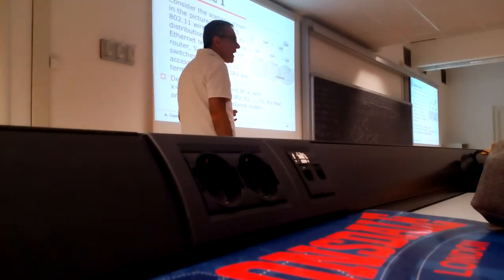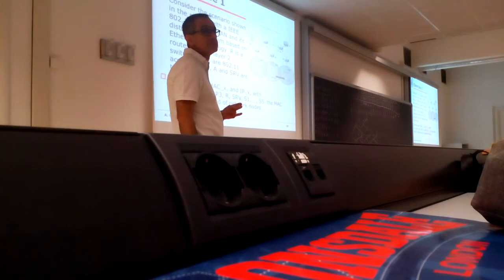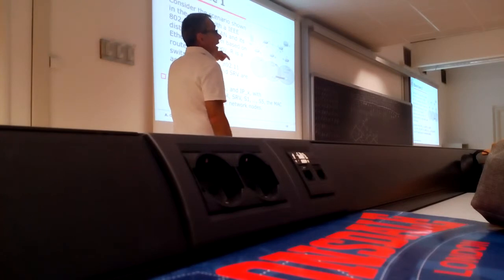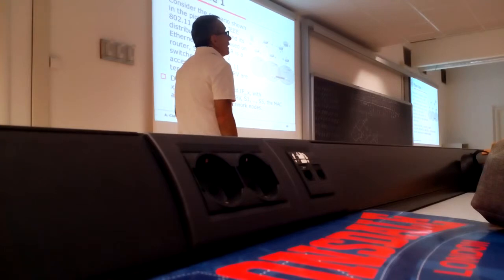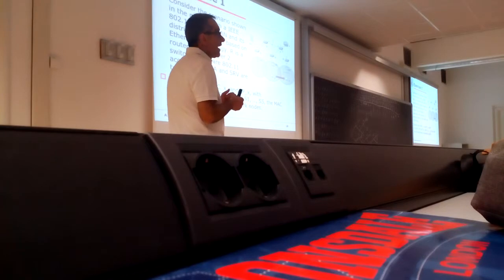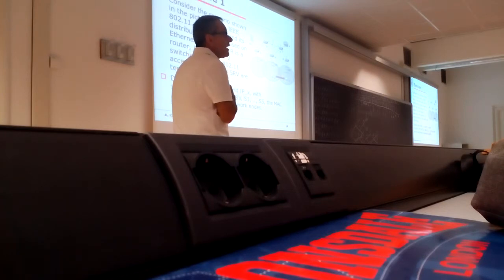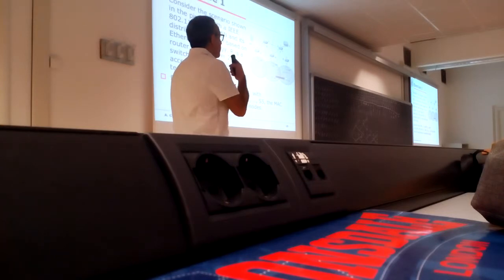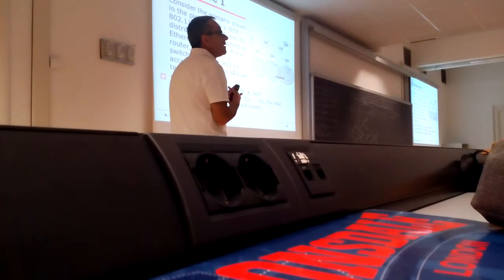Okay, then A replies. A will create a packet with source address IP A, destination address IP B, and we'll put it into a Wi-Fi packet. The Wi-Fi packet will have source address MAC A, destination address MAC R, receiver address MAC access point 2.